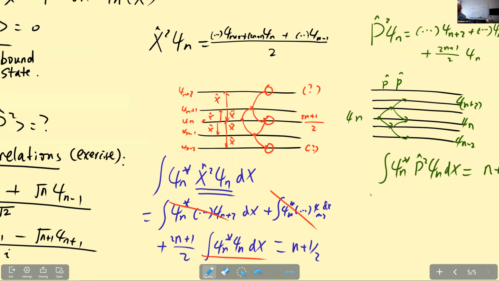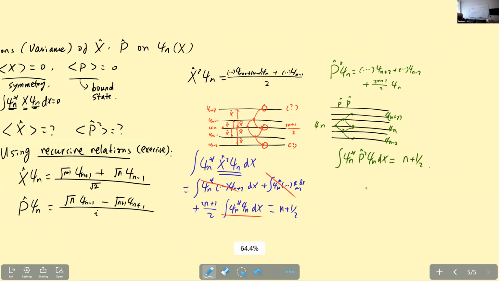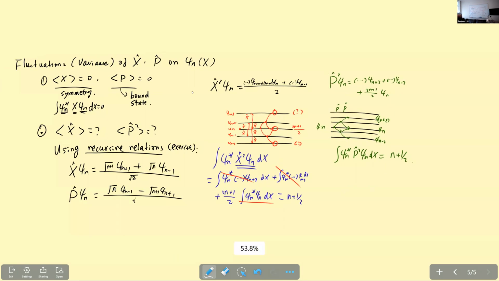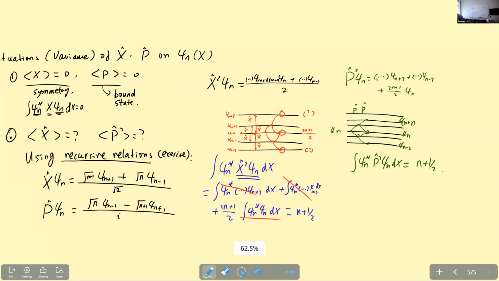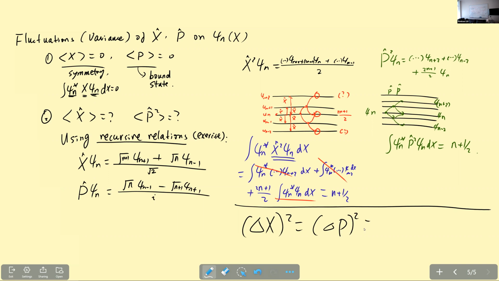So with all of this, you can see that the ground state has the minimal fluctuations.